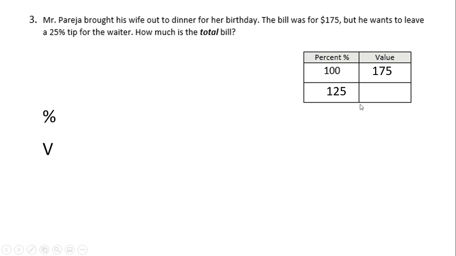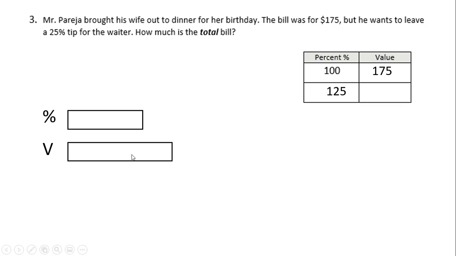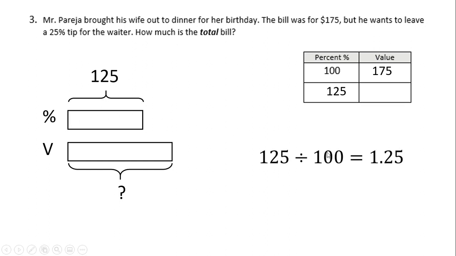Setting up our model, our ratio of percent to value is 100 to 175. What we know is the 125%, and what we're looking for is the value of 125%. 125 needs to be split into these 100 groups using division.